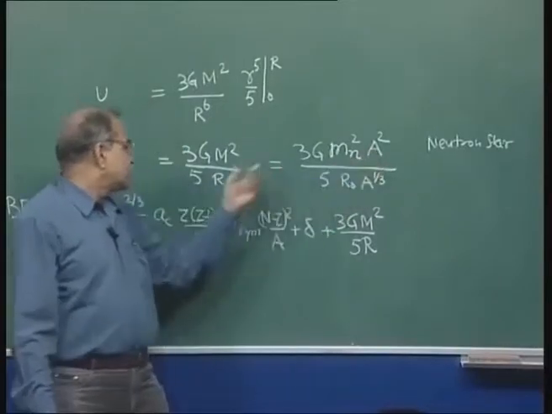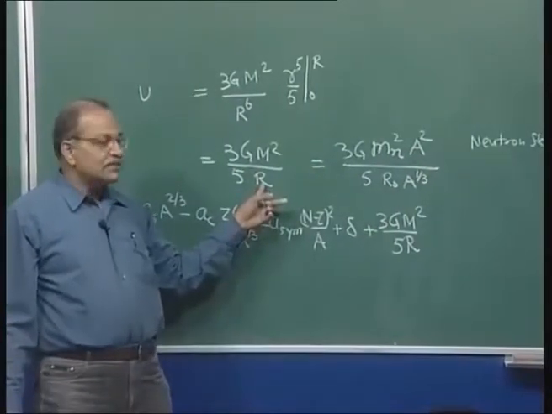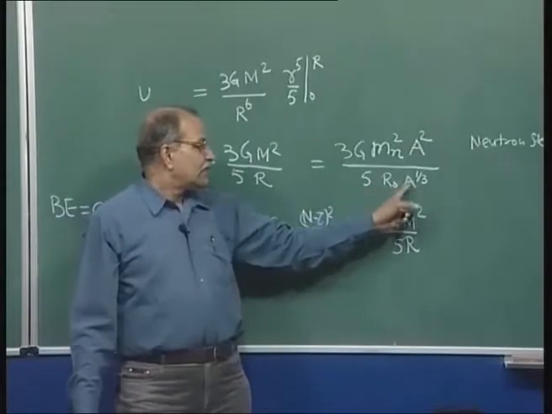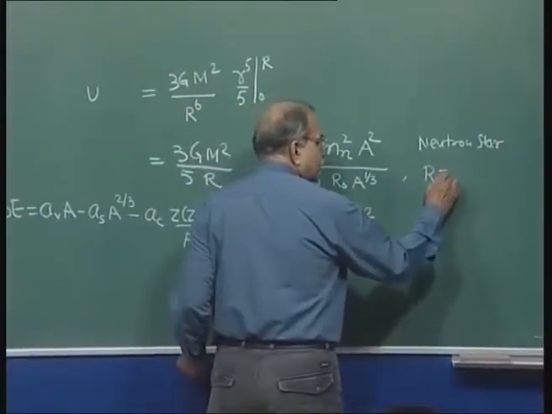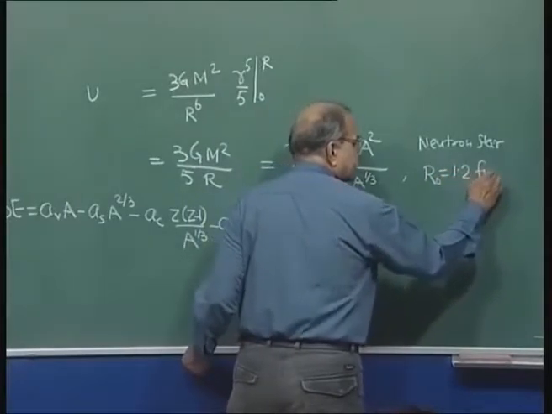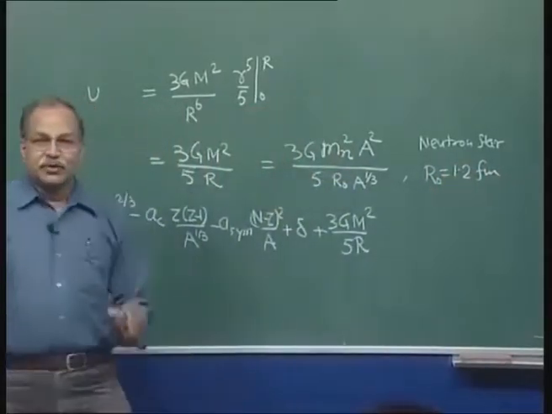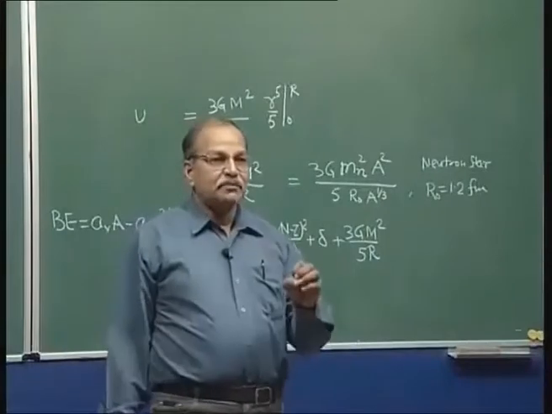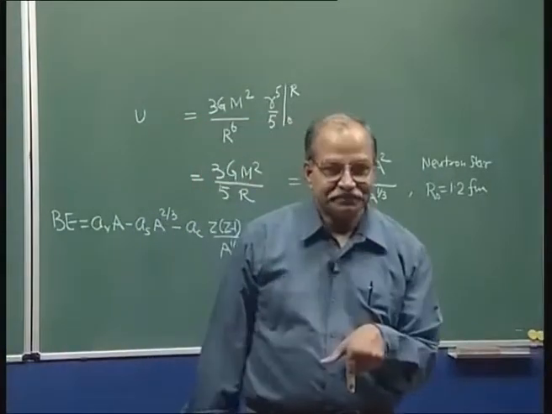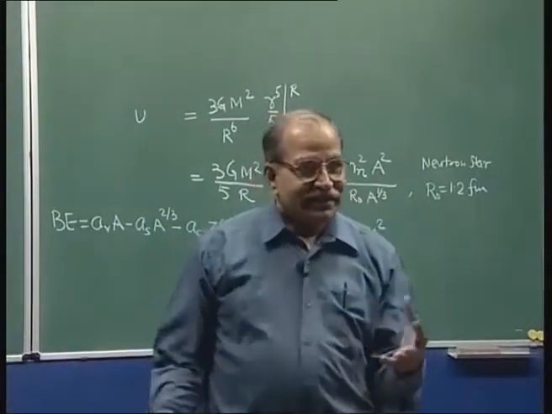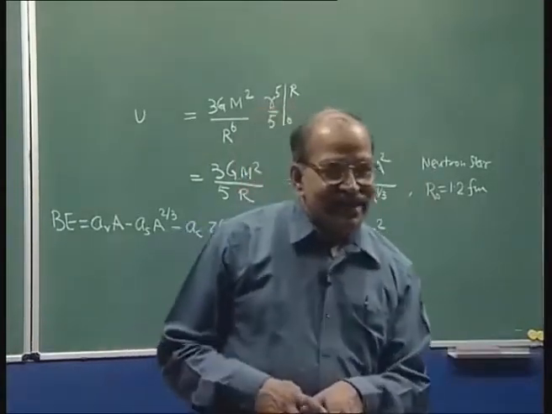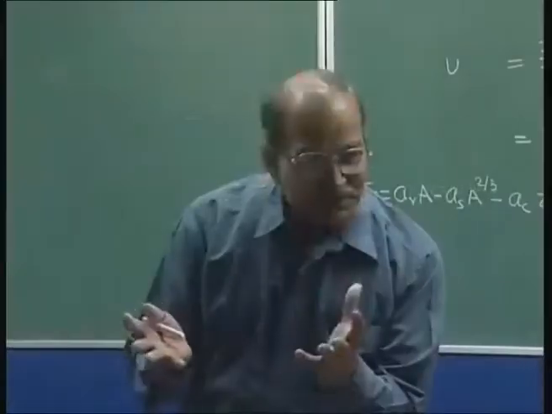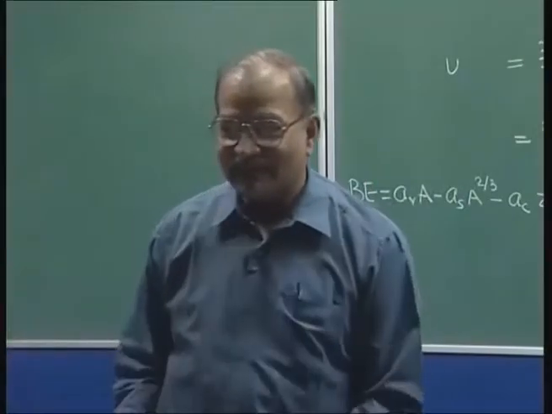So, square of that. Radius of a nucleus is r naught A to the power 1 by 3. What is r naught? 1.2 femtometers. Once again, this 1.2 femtometers times capital A to the power 1 by 3, that we obtained from measurement of radii of the commonly available nuclei, right.